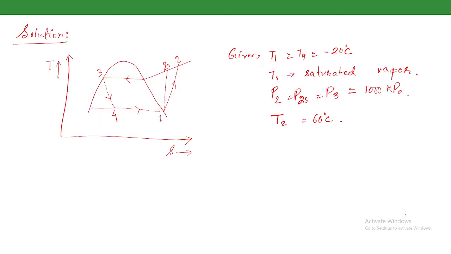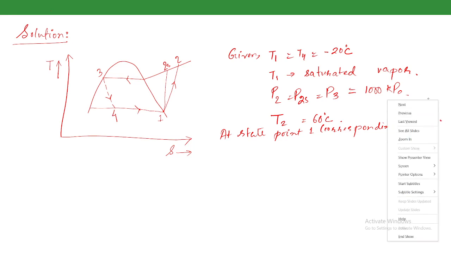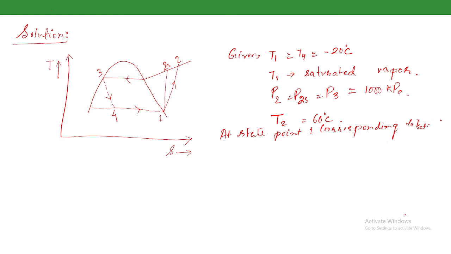Okay, now at state point 1, corresponding to T saturation equal to minus 20 degrees Celsius, H1 is equal to Hg.